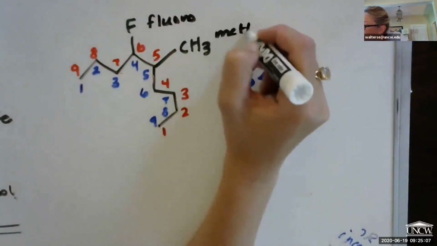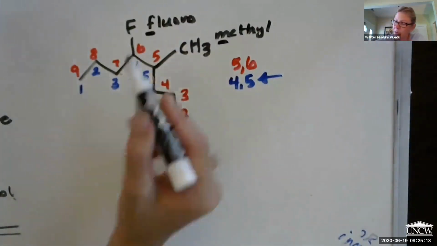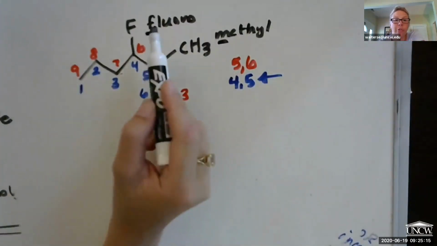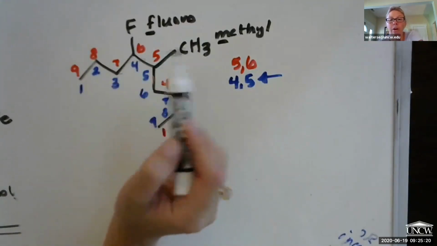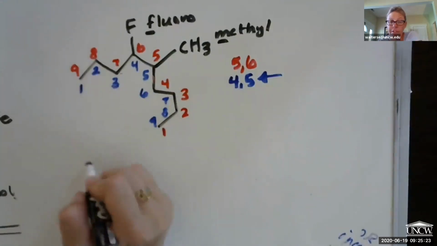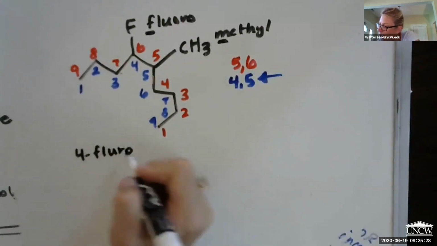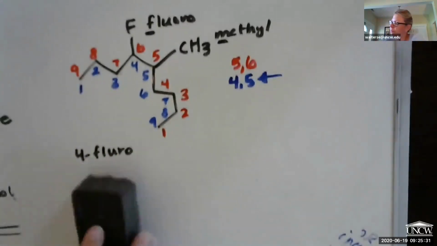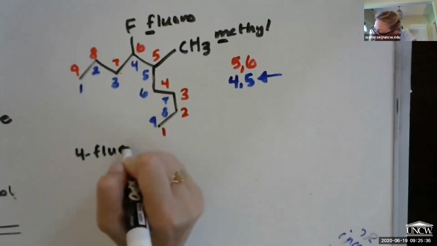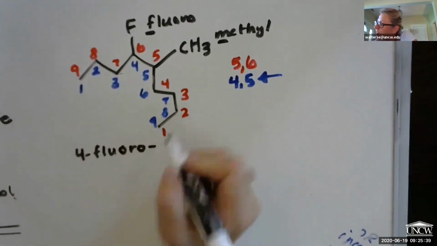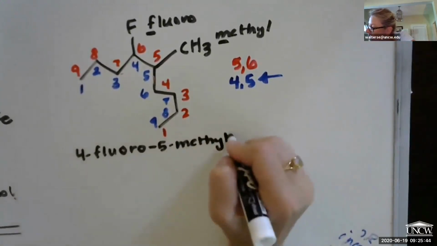This is a methyl. Since F comes before M, the fluorine group has to be put in the name before the methyl group. So this one would end up being 4-fluoro-5-methylnonane.